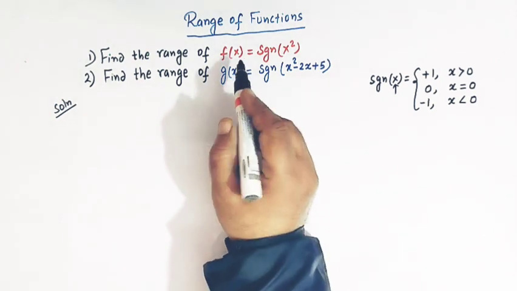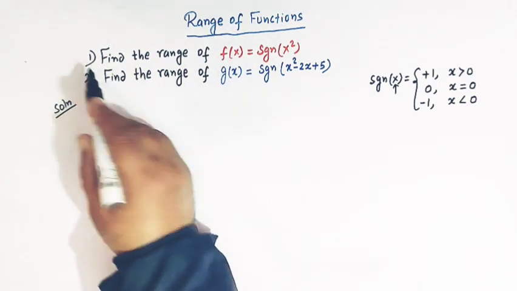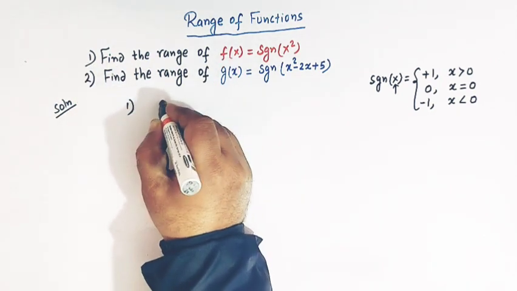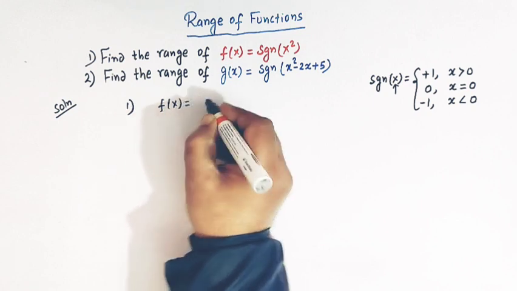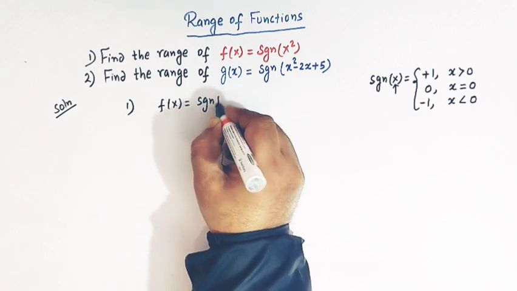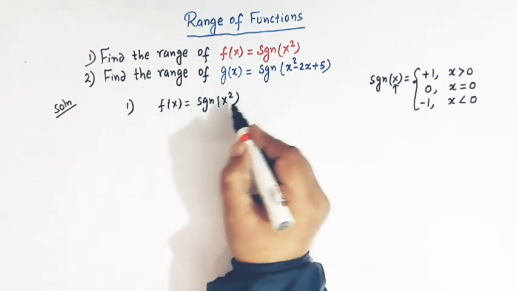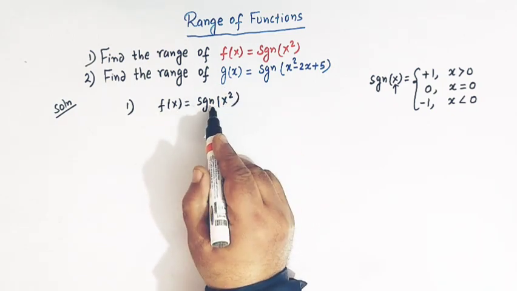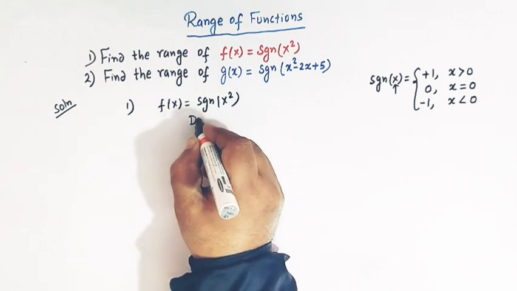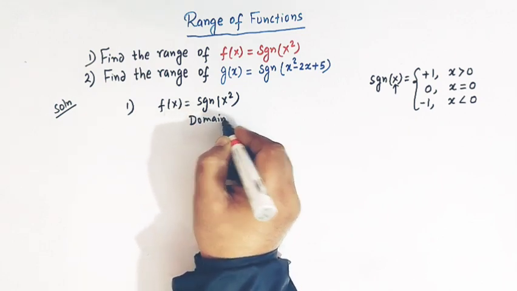Now let us first take problem number 1. Here we have f(x) equal to signum of x square. The domain of this function is the set of all real numbers.